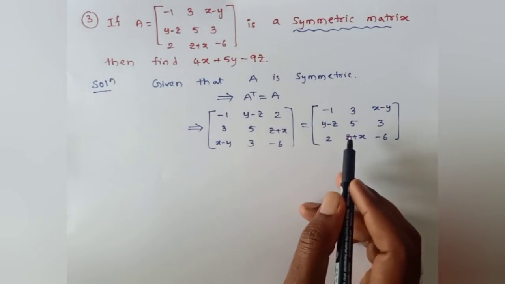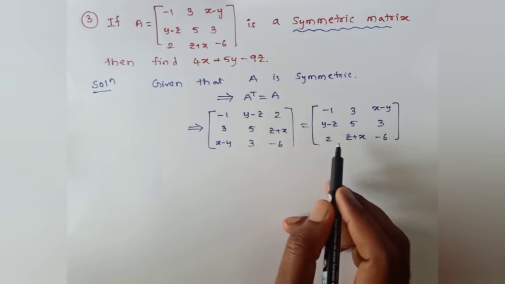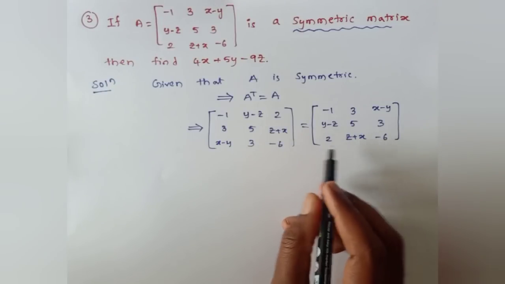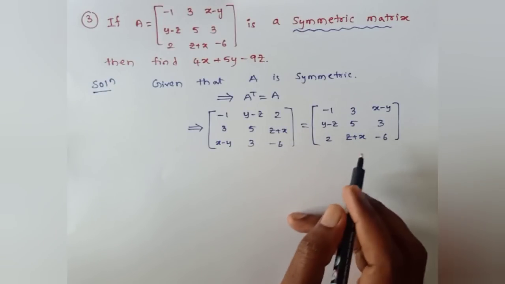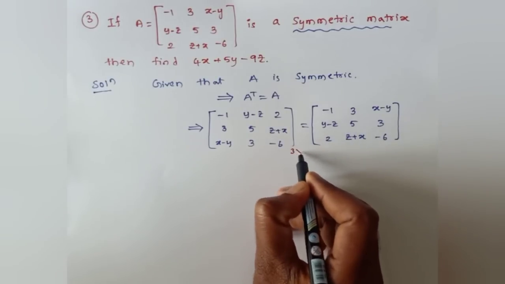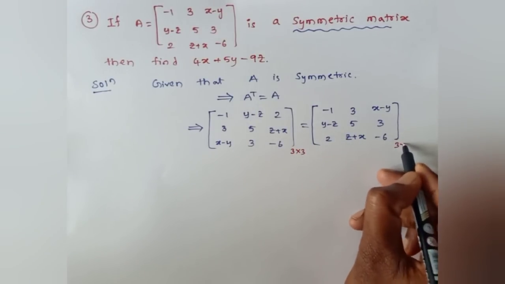So here these two matrices are equal. Two matrices are equal whenever the corresponding elements are the same and the orders are also the same. Here this is a 3 by 3 matrix and that is also 3 by 3.